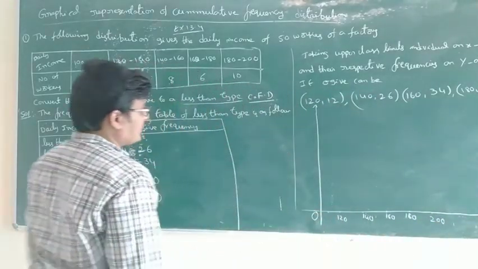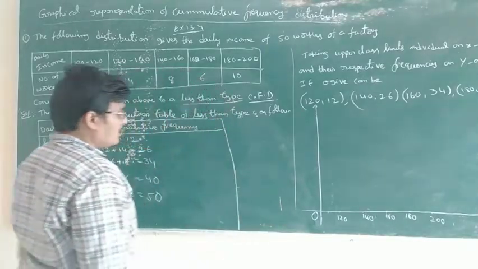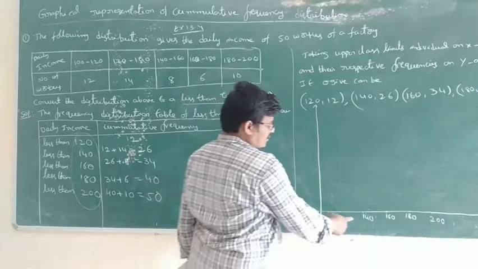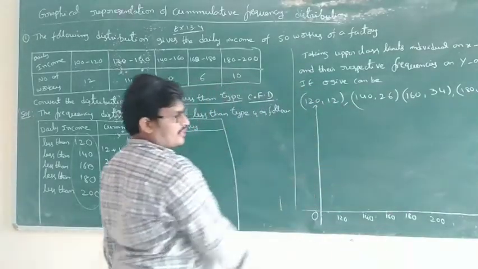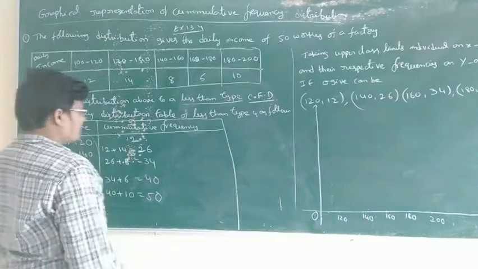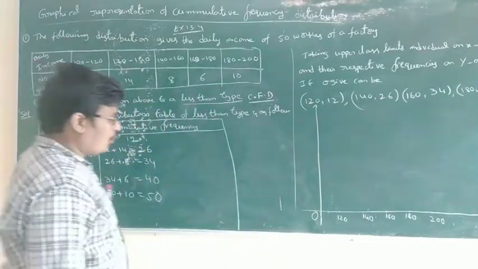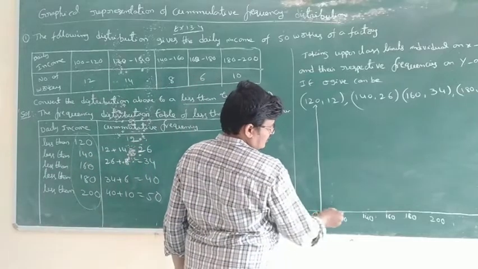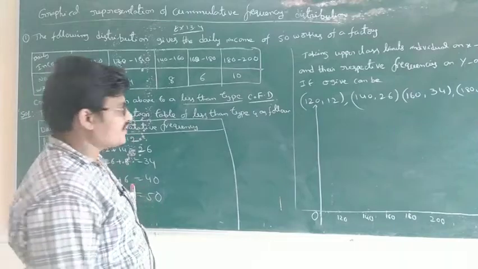The difference is the same, 20. On the y-axis, 12, 26 is not correct, because the differences must be equal.